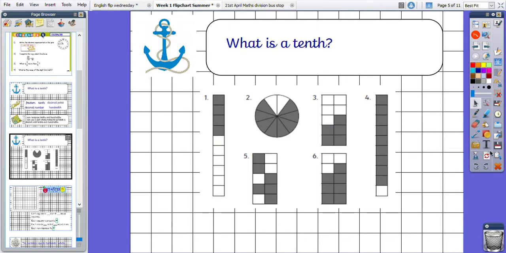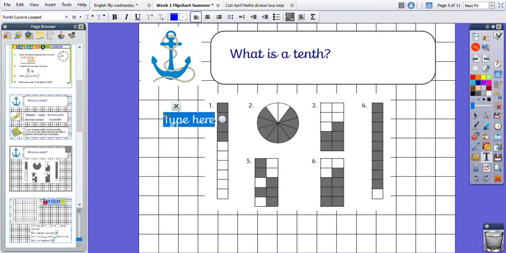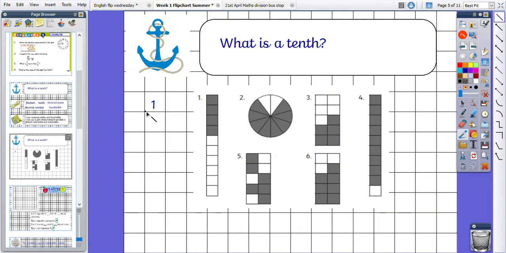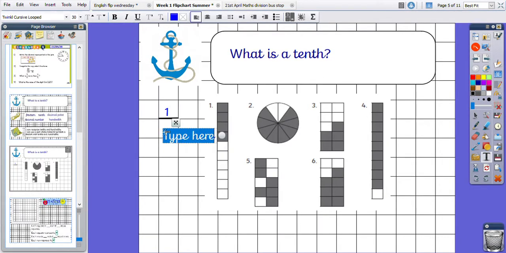So 1/10 would be one part of a shape that is split into 10, and we would represent that with our numerator, which is the top number of our fraction, being a 1, and our denominator being 10.